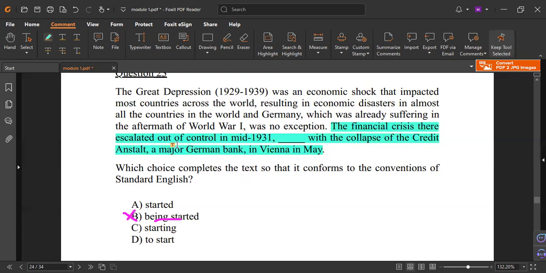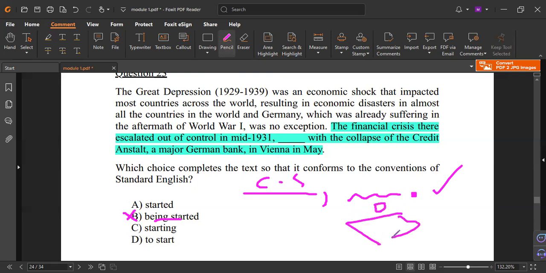Subject, verb, out of control in the mid, and then we have a comma. This comma means, folks: complete sentence, comma, and then information, full stop, correct? This information must be phrases or clauses only. So this part cannot be a complete sentence.